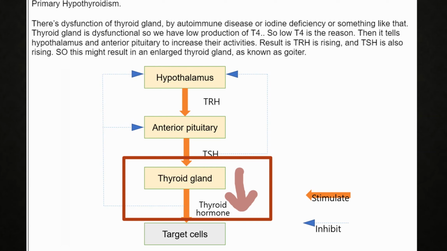Low T4 then tells the hypothalamus and anterior pituitary to increase their activity. The result is that TRH is rising and TSH is also rising. This might result in an enlarged thyroid gland, known as goiter, because they keep stimulating the gland, so it becomes large.